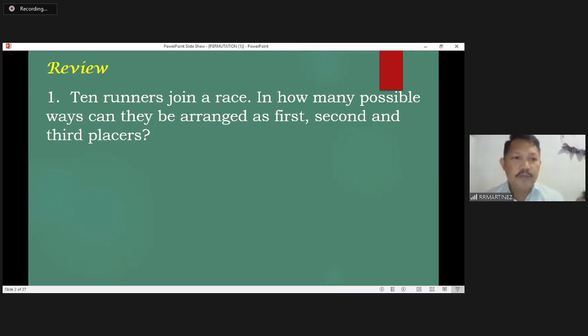Okay, the first one is: 10 runners join a race. In how many possible ways can they be arranged as first, second, and third placers?